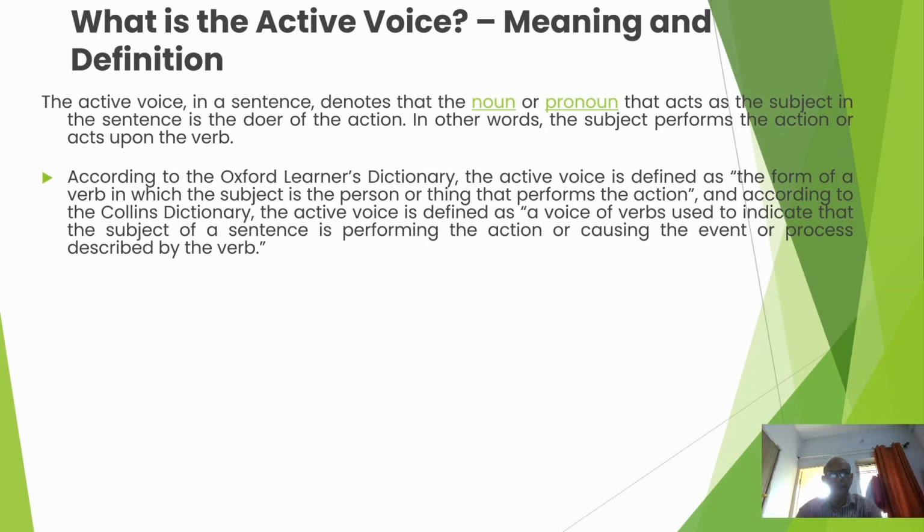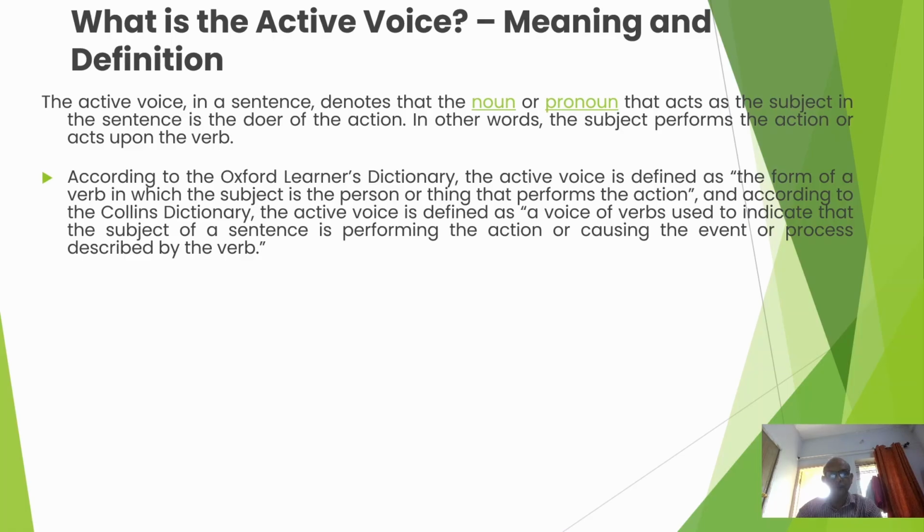Meaning and definition. The active voice in a sentence denotes that the noun or pronoun that acts as the subject in the sentence is the doer of the action. In other words, the subject performs the action or acts upon the verb.